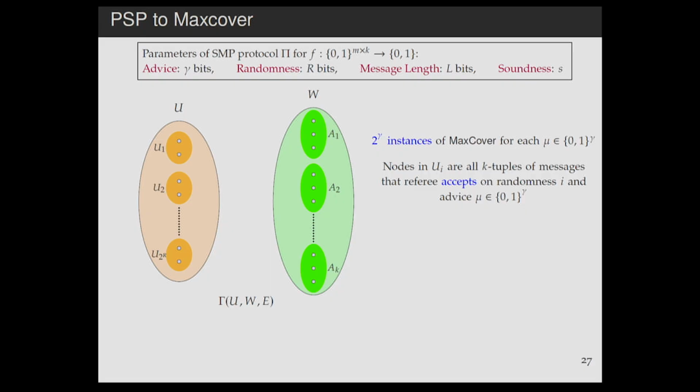And for each supernode on the left, the small nodes, what are they? They are all possible combinations of messages such that the referee accepts for that particular randomness. Okay, so these are all possible combinations of the K messages sent from the K players that the referee would accept.